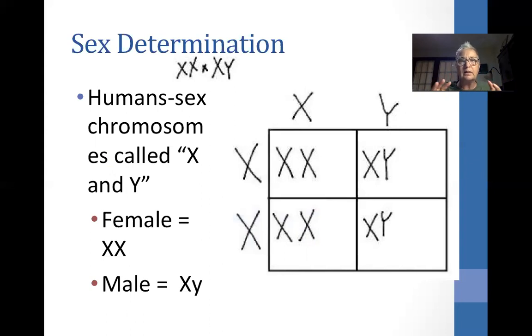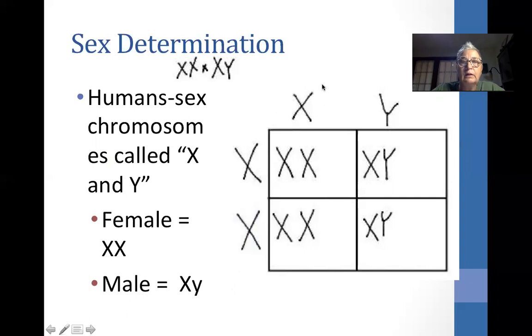The X and the Y chromosomes are what determine sex, and those are the last ones that show up on a karyotype if you map it out the way you're supposed to. So the Y and the X are determinants of sex, and in simple terms, if you have 2 X's, you're going to be a female, and if you have an X and a Y, you're going to be a male.